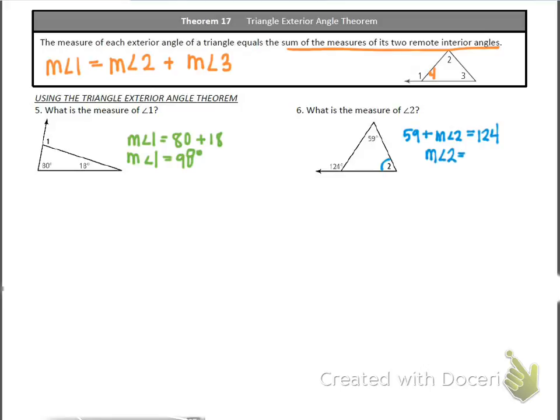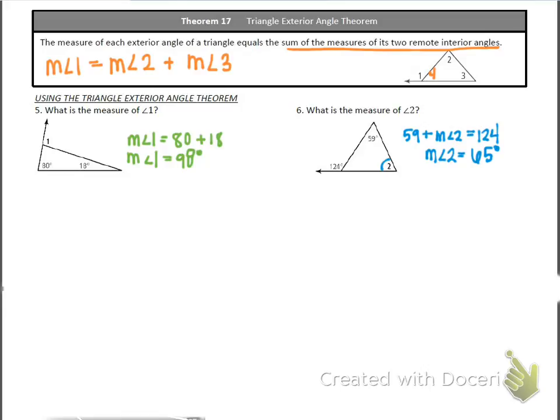Do it really quick. What'd you get? I got 65. Who else got 65? Yep, 65.